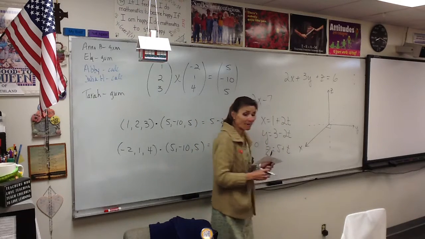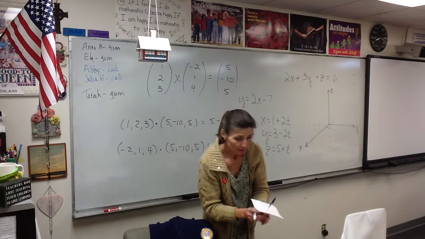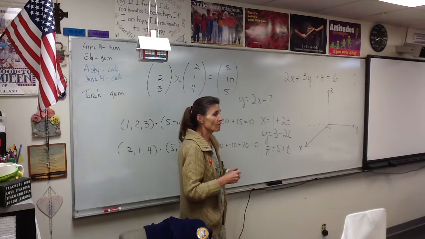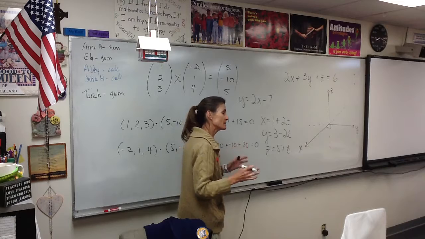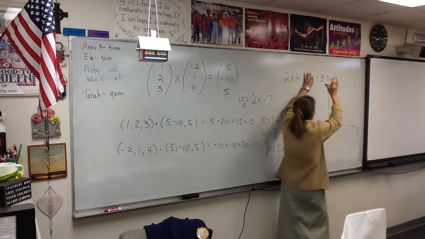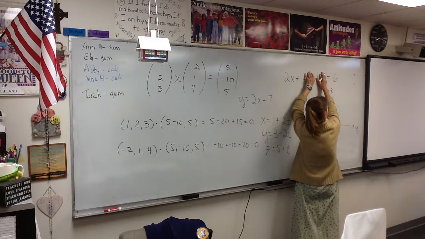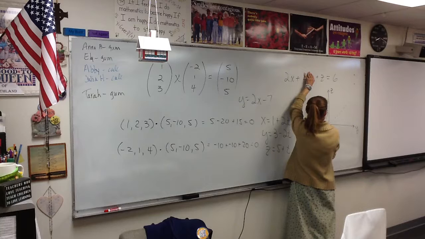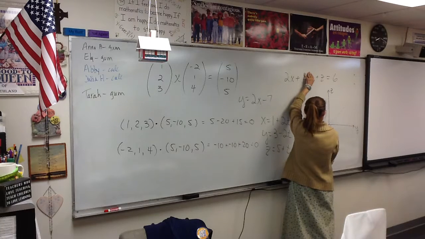If we want to graph this plane like a line, it's impossible to graph the whole thing because it goes on forever and ever. So we're just going to graph a piece of it. To graph it, let's let y and z both be 0, and note that the x-intercept is 3.